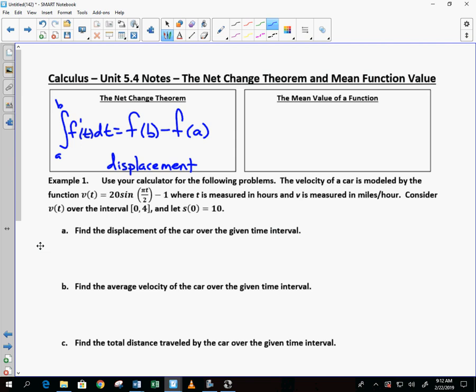Now, as far as the mean value of a function, that's a little bit different. If you're looking at a function and trying to see what is the average value of the function at a given time, you do this: one over b minus a times the integral from a to b of f of t dt.